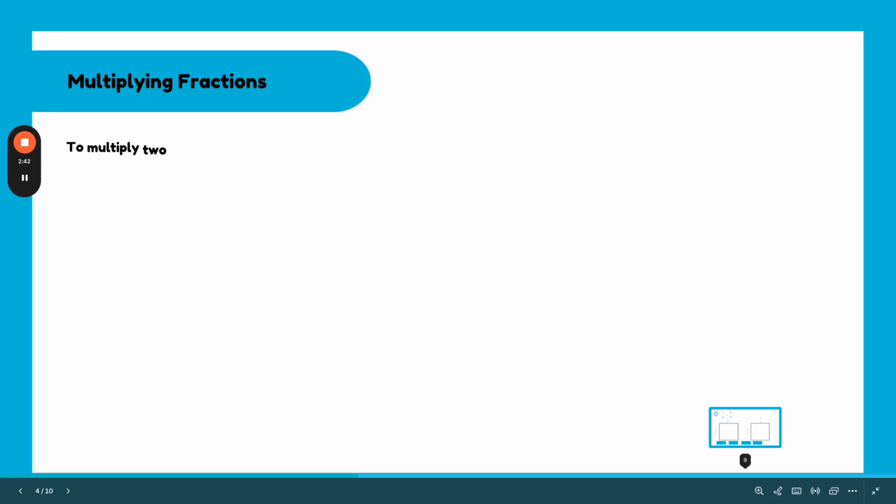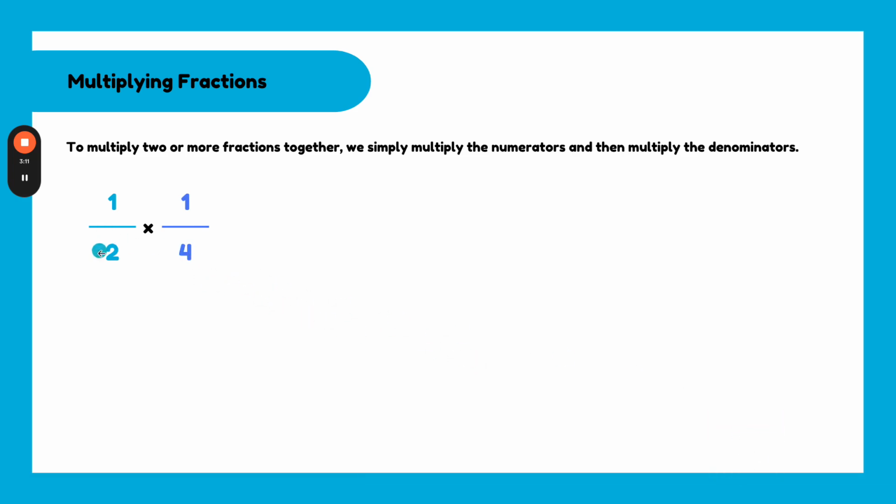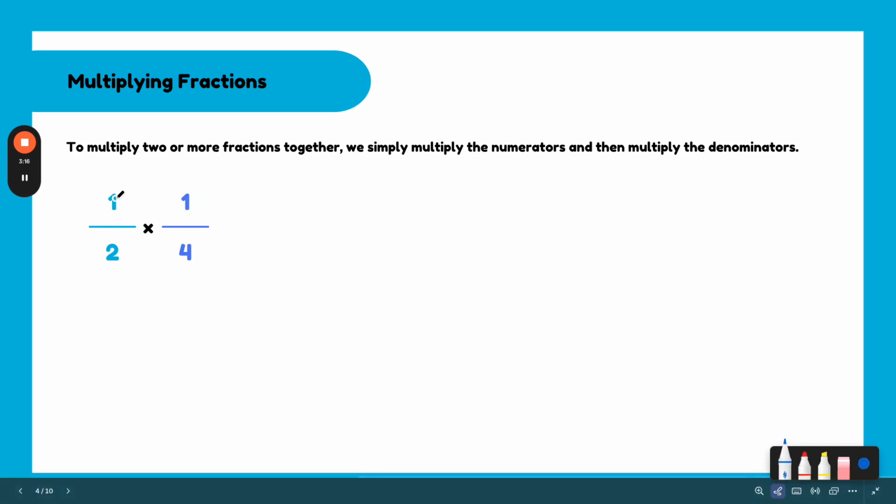So multiplying fractions is fairly straightforward. If we have two or more fractions together, we just multiply the numerators and then their denominators. As an example, we have a half multiplied by 1/4 or quarter. All we do is multiply the numerators and denominators together.